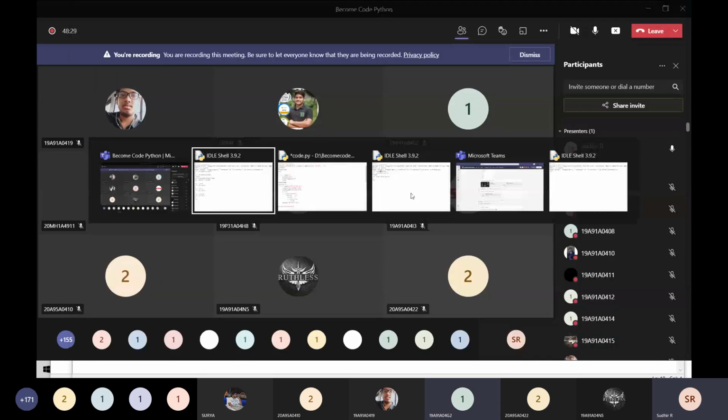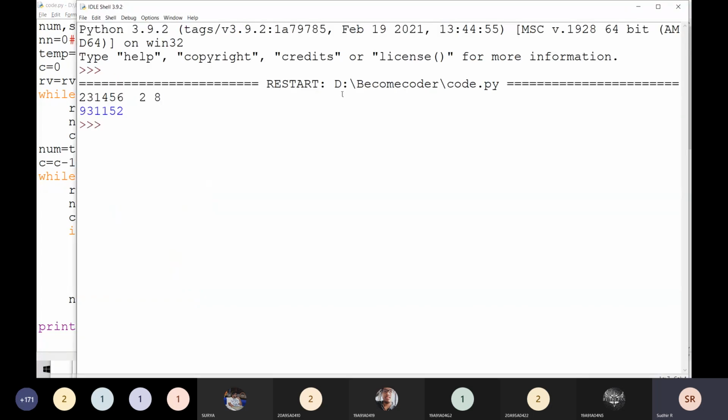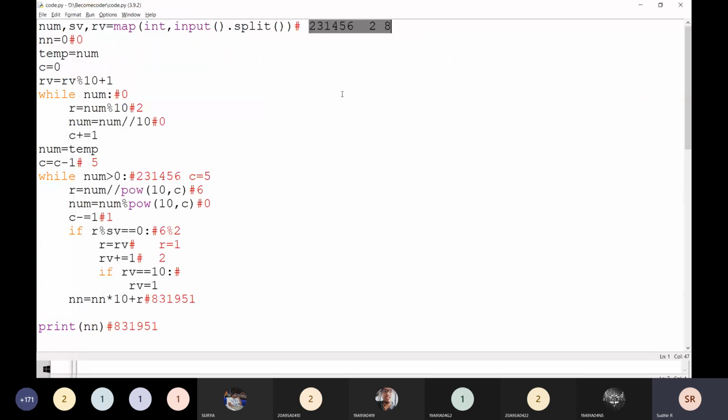For example, based on the constraints, if the value is more than that, I'm just going to write here RV is equal to RV mod 10 plus 1. If I execute it, that is going to be 8 plus 1.